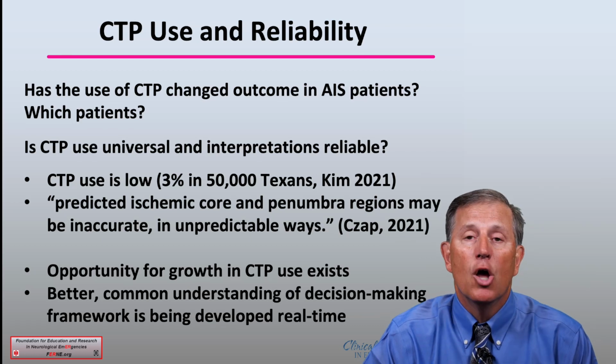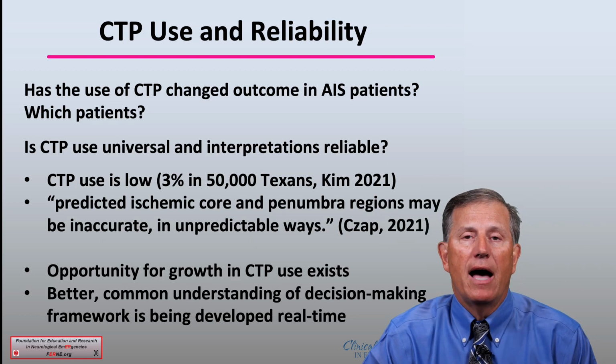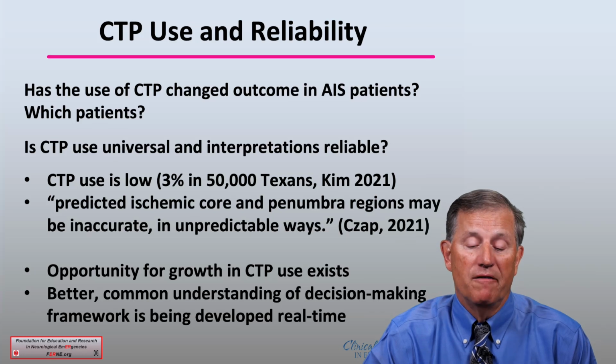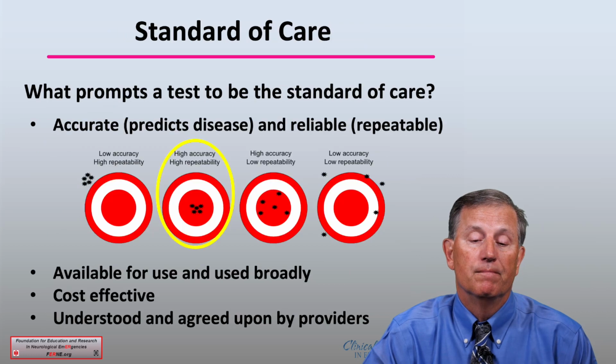So from this, we know two things: that there's an opportunity to grow the use of CTP for more patients with acute ischemic stroke, and we know that with time, and now at 2023, we probably know more with regard to having some better common understanding of how decision making can be optimized within the framework of CTP use real time.